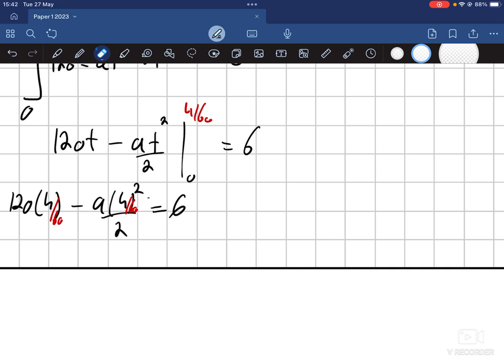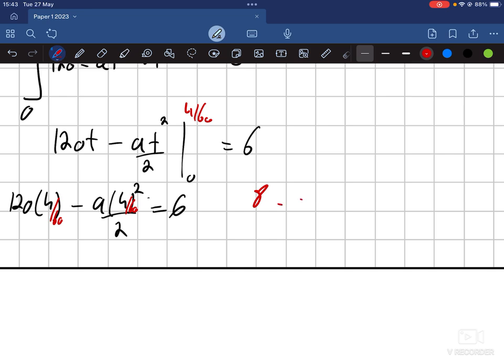So 120 by 4 over 60 is 8. So that's going to give me 8. Then I'm going to get 4 over 60 multiplied by 4 over 60, and then that's going to be divided by 2.